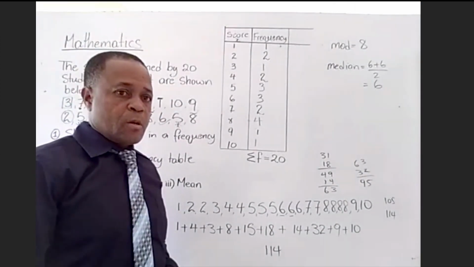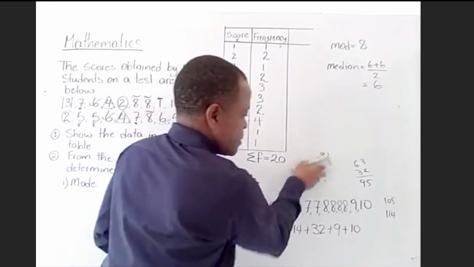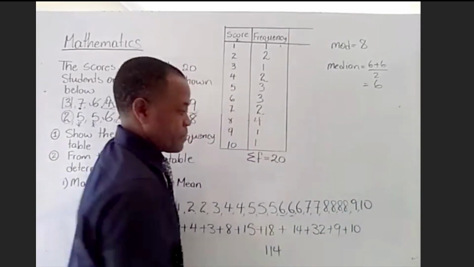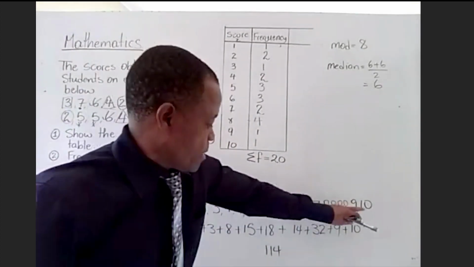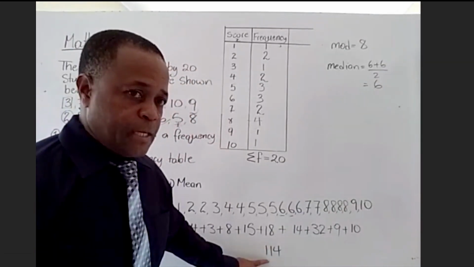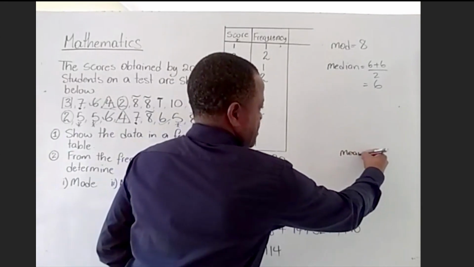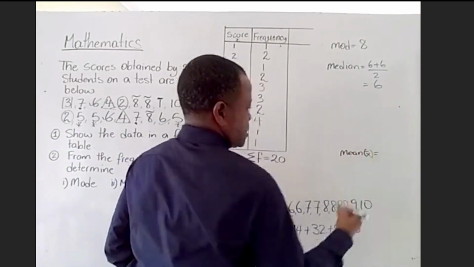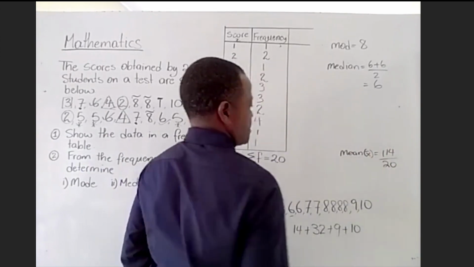Great. Now, what is it that we will do with our sum here? Since we added up everything here and got 114, we can say our mean is equal to 114 over 20.